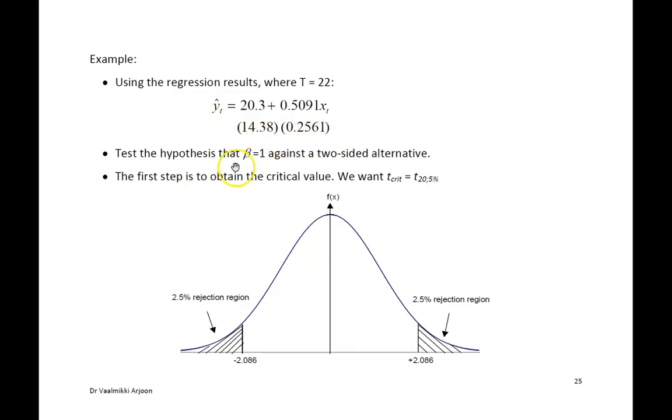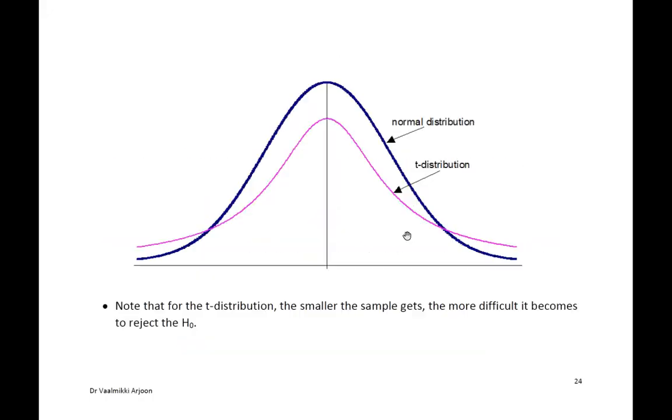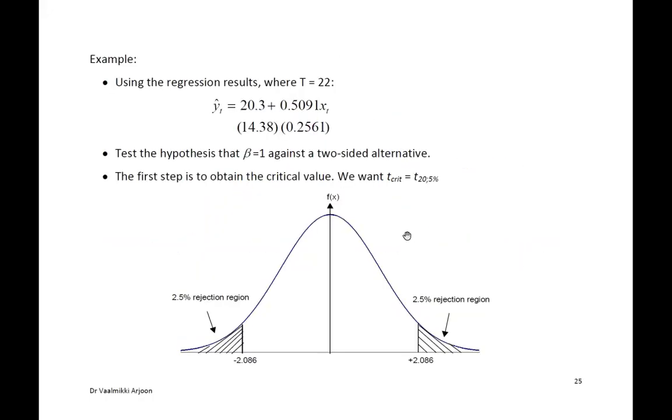So we are testing the null hypothesis that beta is equal to 1 against a two-sided alternative. The first step is to calculate the critical value. What is our critical value? If we're going with a t distribution, it will be t with degrees of freedom 22 minus 2, which gives us 20, at the 5% level.